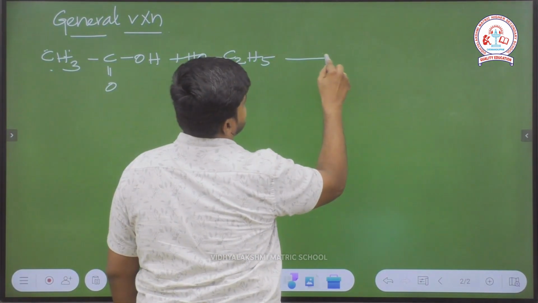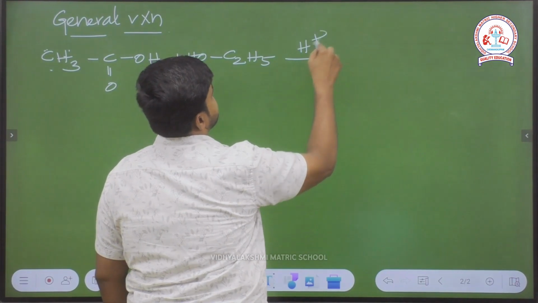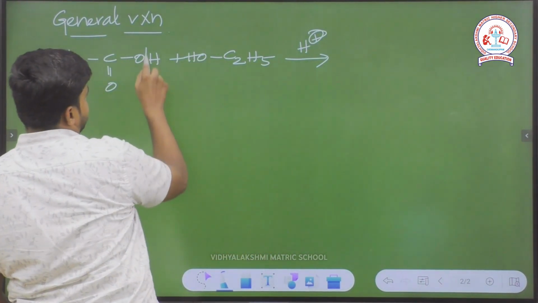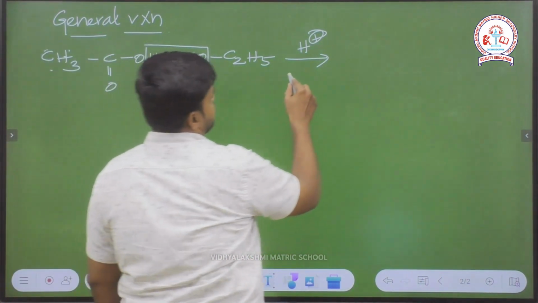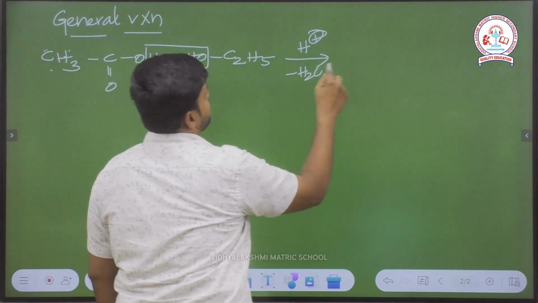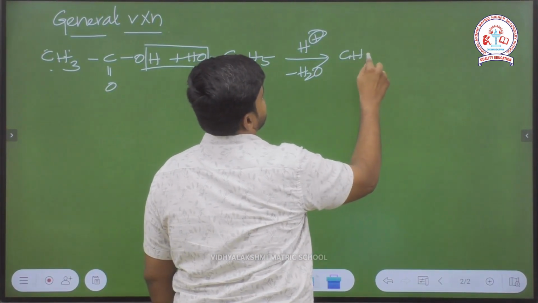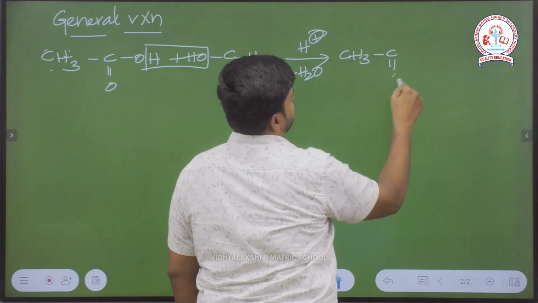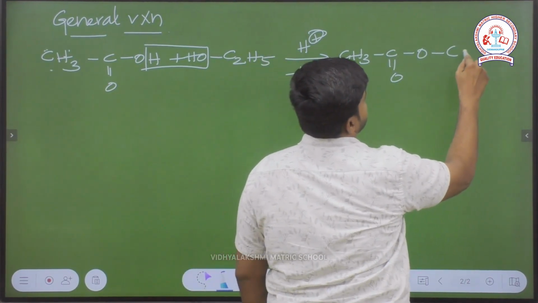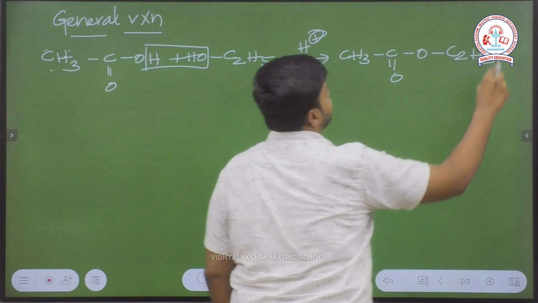The whole reaction, as I said, is done in the presence of an acid. So hydrogen will take up the oxygen and goes as H2O. So a product is CH3C=O, OC2H5.